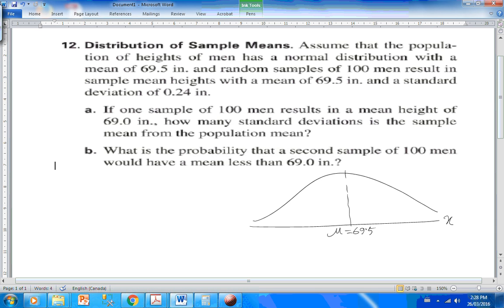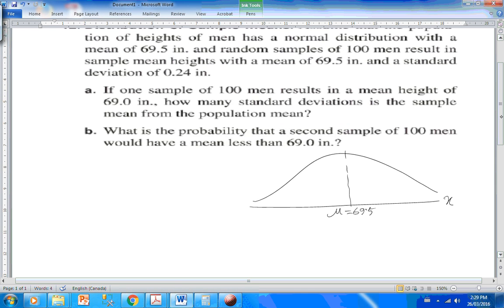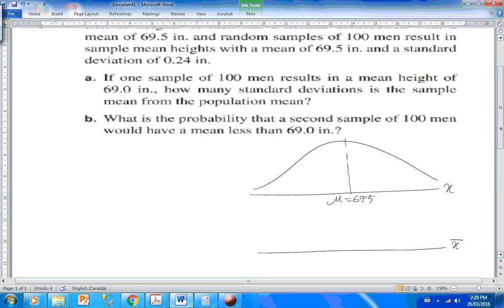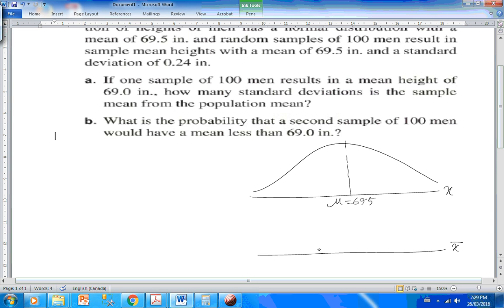So notice that this is plural. They're saying that if we took thousands of random samples, each sample having 100 observations, then we could calculate thousands of sample means, and the distribution of sample means would also have a mean, which we call mu of x bars, equal to 69.5 inches.